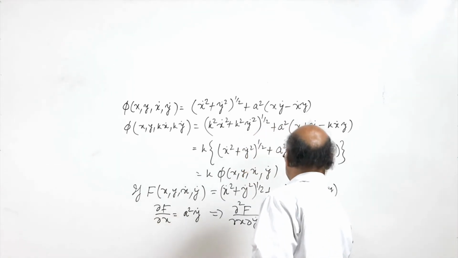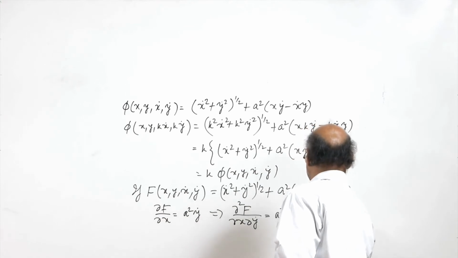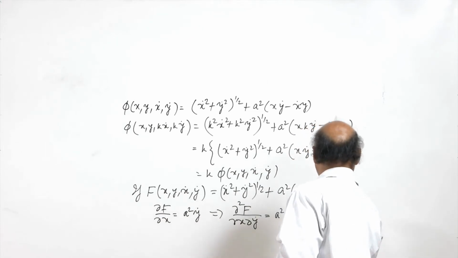So this implies f x y dot equal to a square.